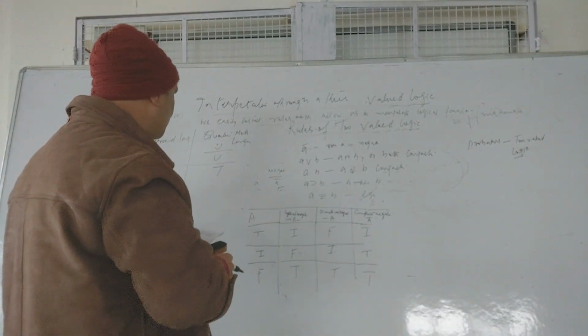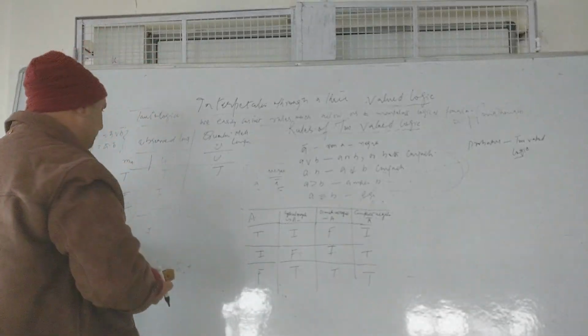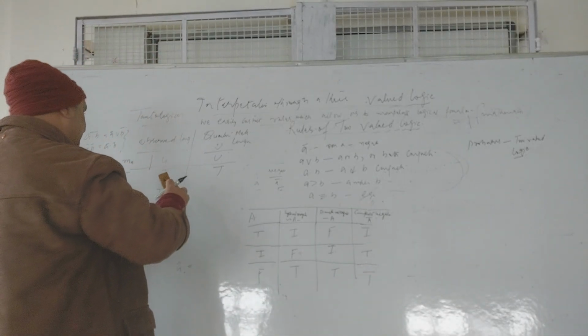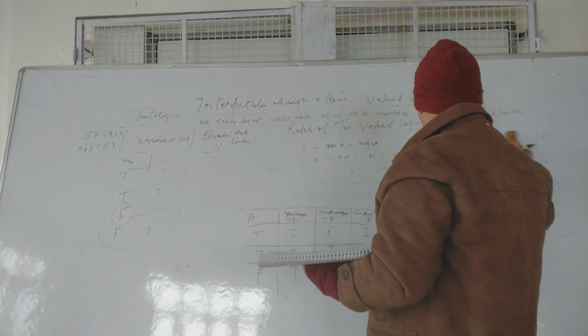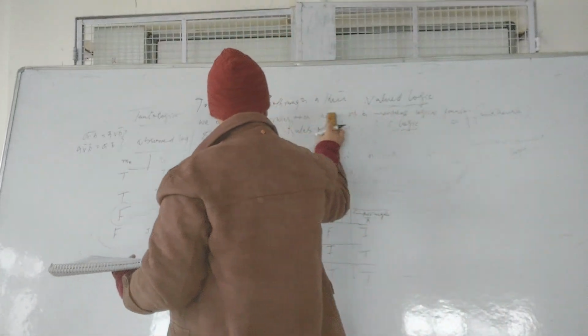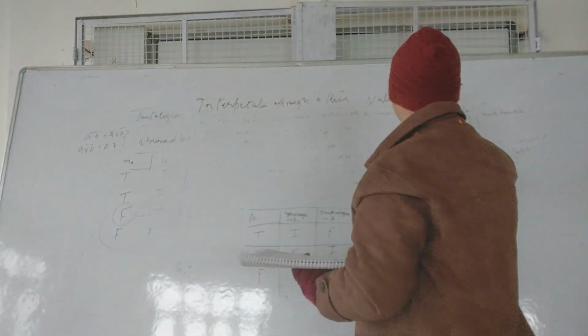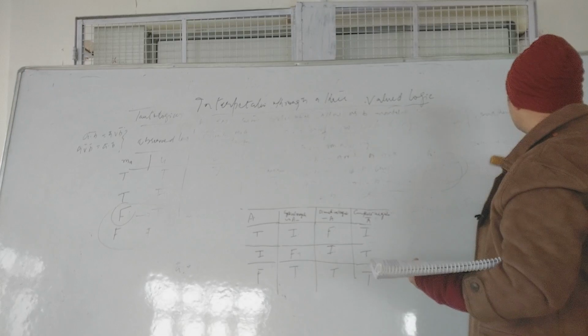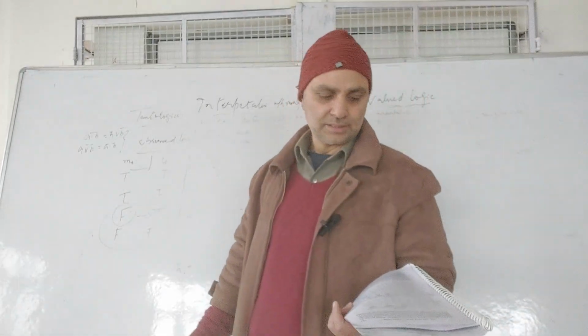Now, if we want to write a larger thing, maybe this will make it clearer. Once we have two-valued logic, we normally have truth and false.